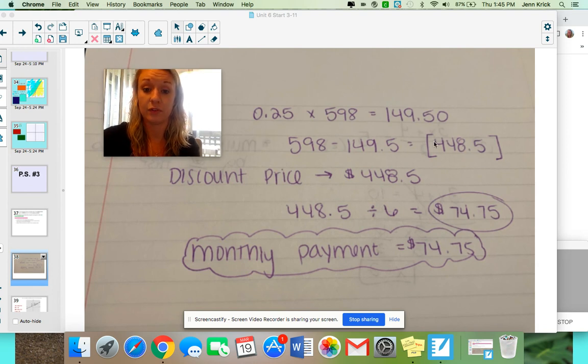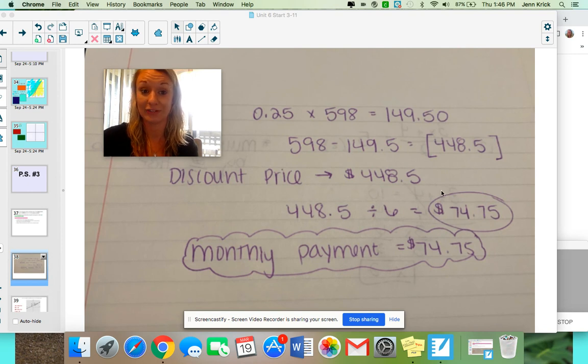Now if you didn't do this step here, you could also say, if it's 25% off, how much are you technically paying? Technically, you're paying for 75% of that product. So you could have just done 0.75 times 598, and that would have also given you this answer here. Either one works.